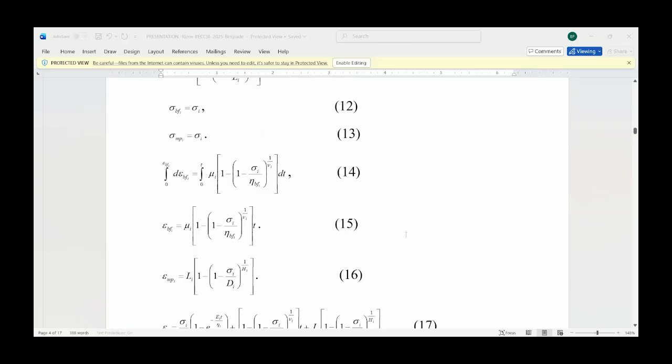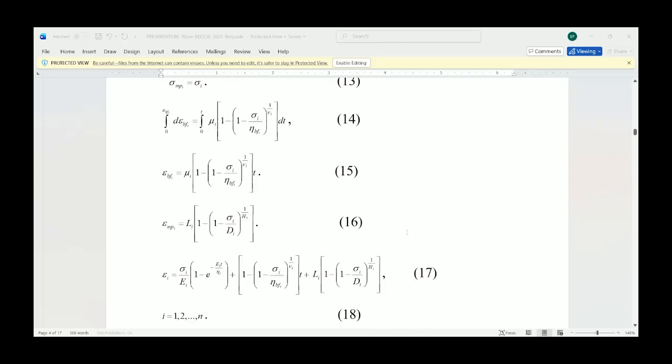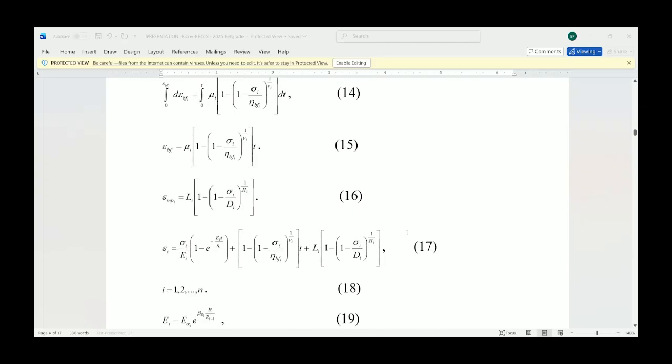Equations number 6, 9, 15, and 16 led to the stress-strain time relationship given in equation number 17. The stress-strain time relationship in equation number 17 is applied to treat the nonlinear viscoelastic behavior of the rod layers. The variation of material parameters along the thickness of the rod layer is given in equations from number 19 to number 22.